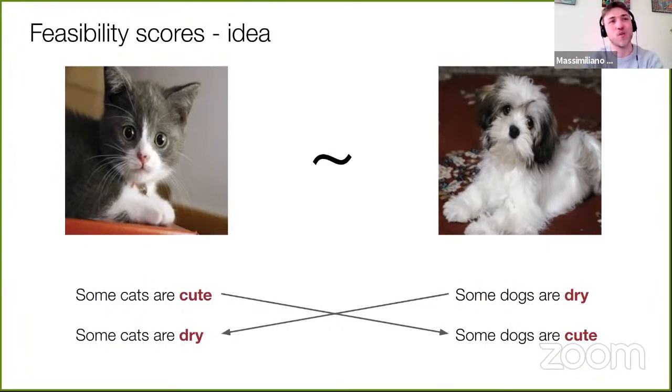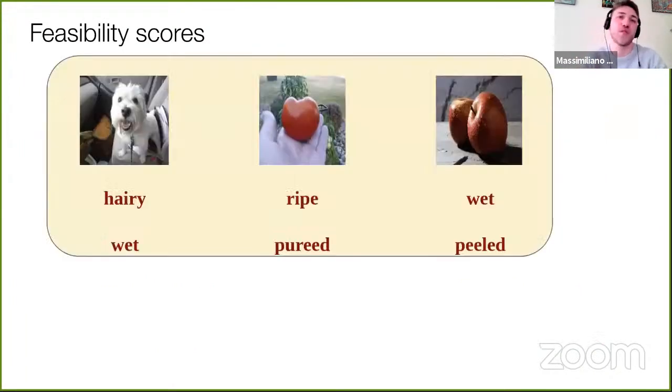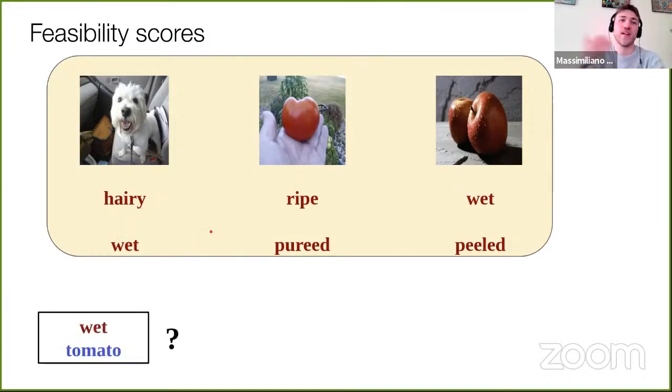This is the overall picture. What we practically did was this. We took the objects in training, this yellow box means the scene compositions that we have during training, and their associated states. These are all present in the training set. And then we take an unseen composition, for instance, wet tomato.